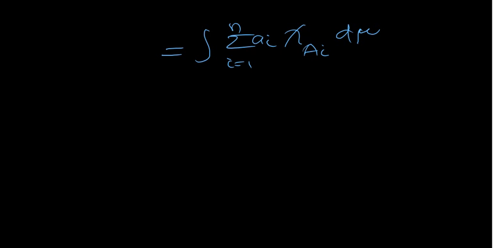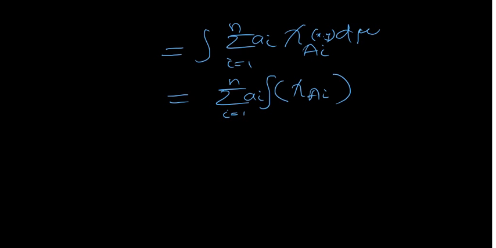And this is equal to the summation i runs from 1 to n of the integral of this characteristic function, it's actually the measure. So here you can write it as the summation of a i times the integral of chi A i x.